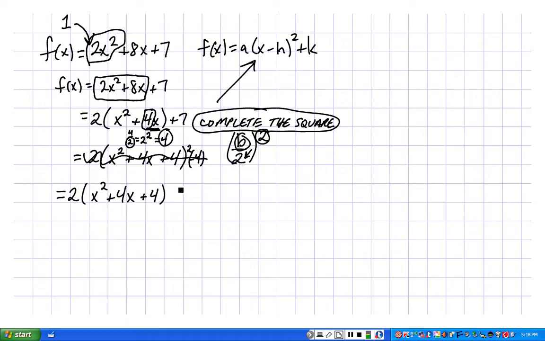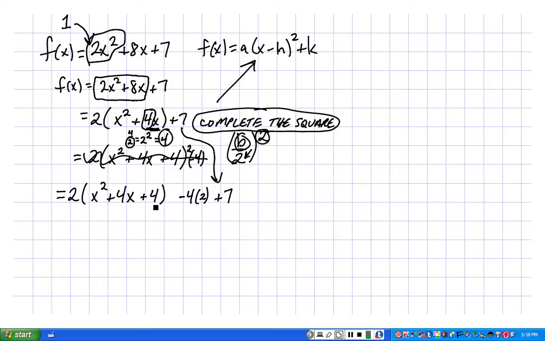Alright, and again, because I've added 4 out here, I have to subtract 4. And I have to multiply this minus 4 times 2. Alright? And I can't forget the plus 7 that I had sitting out here as well.